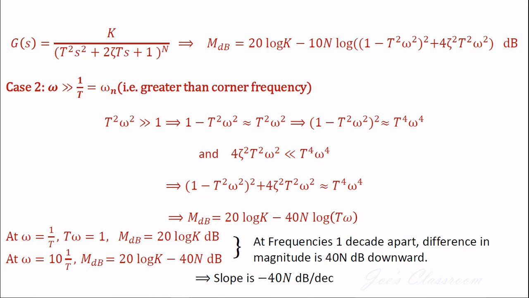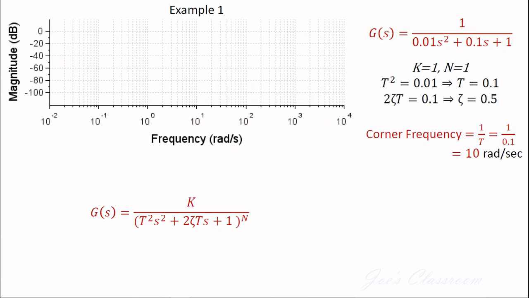Having understood this, let us work out an example. This is the transfer function given. Obviously, looking at this transfer function, we understand that this is in time constant form because the constant is 1. So I can compare this with the general expression of k by t square s square plus 2 zeta ts plus 1, the whole power n.